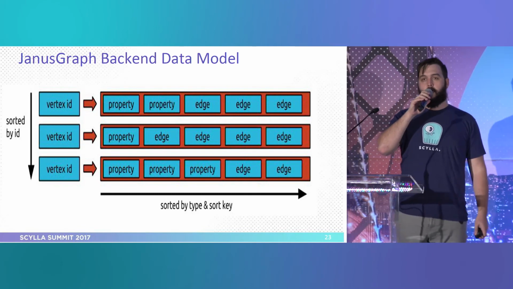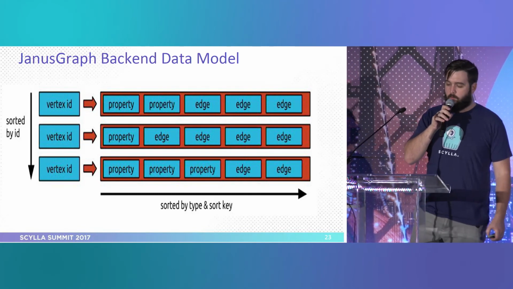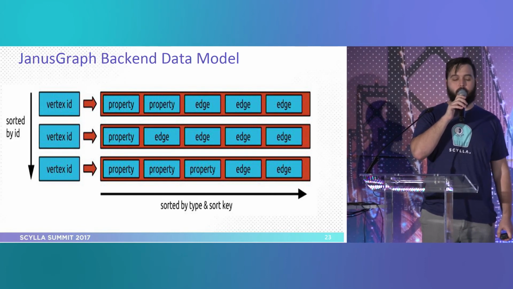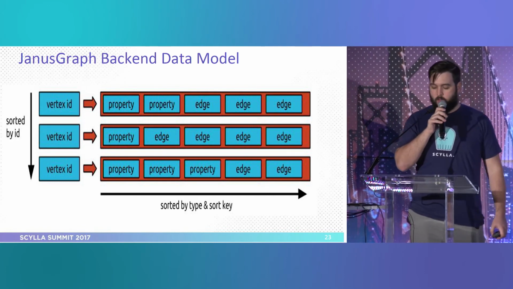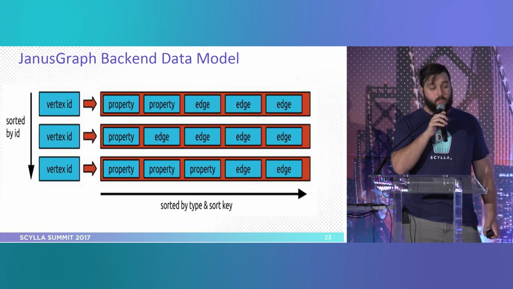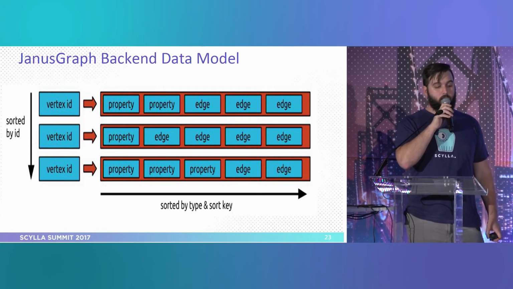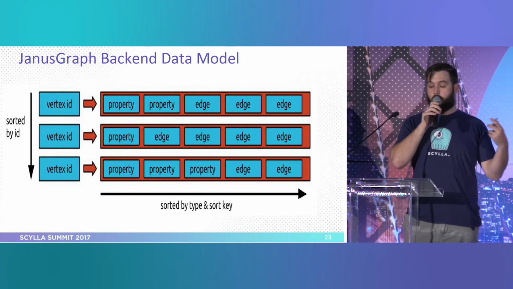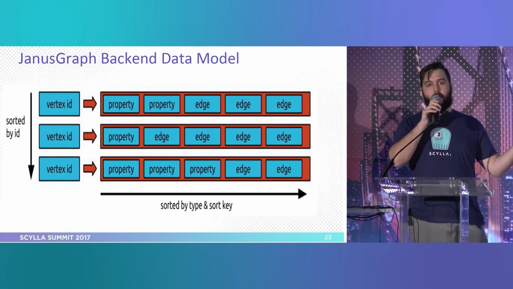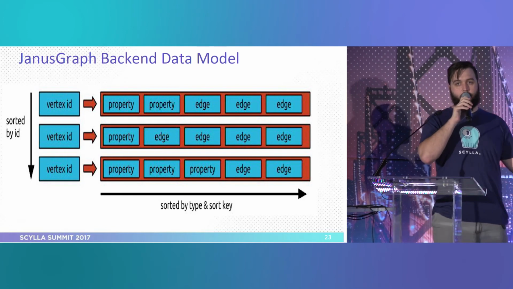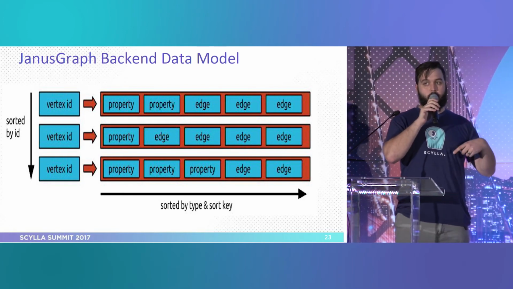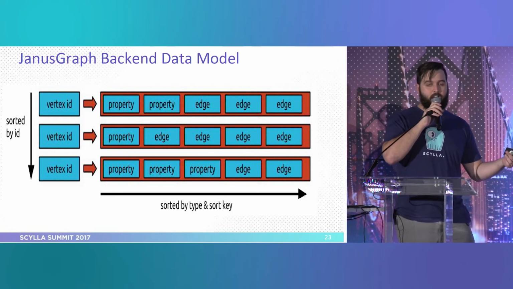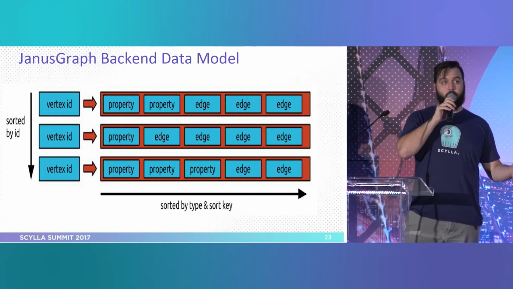This is the JanusGraph backend data model for vertices. Each vertex has a unique ID that stores an adjacency list. So that's your properties and your edges. And if you think back to what I was talking about, vertex properties and edges both being second-class citizens in the TinkerPop property graph model, this makes complete sense, right?